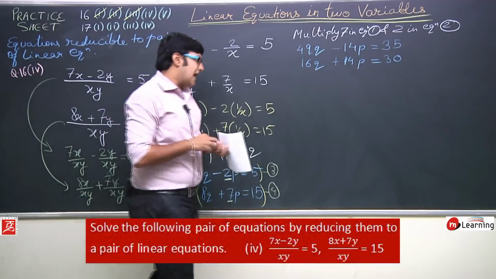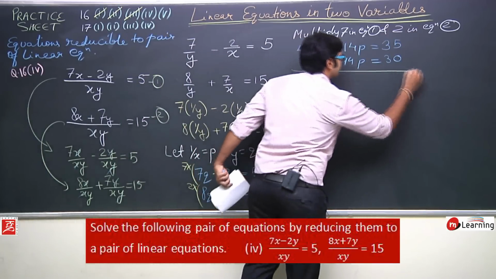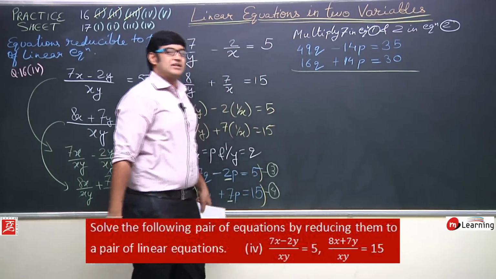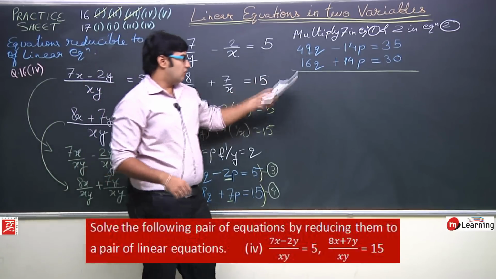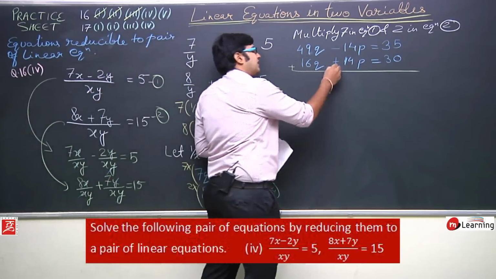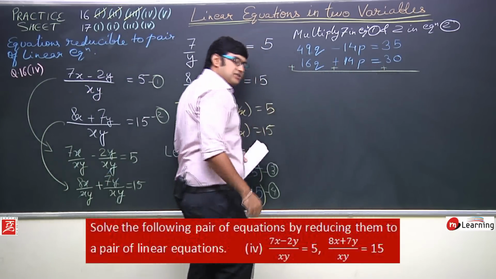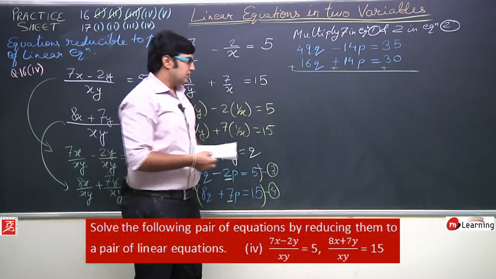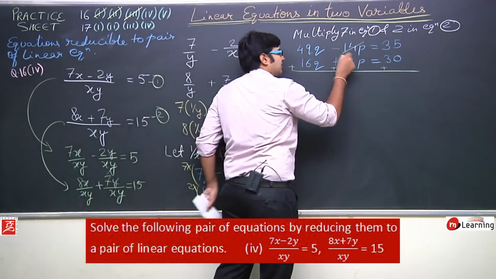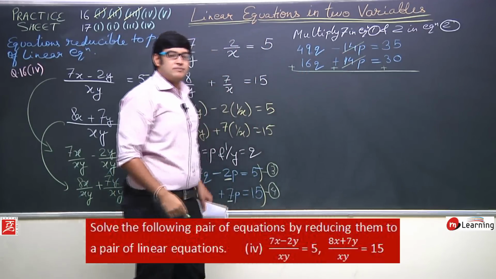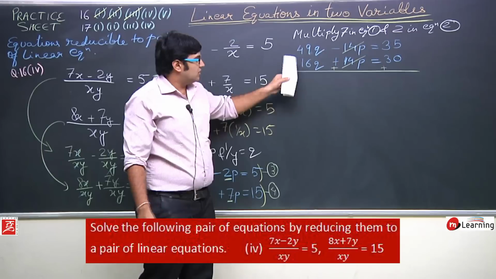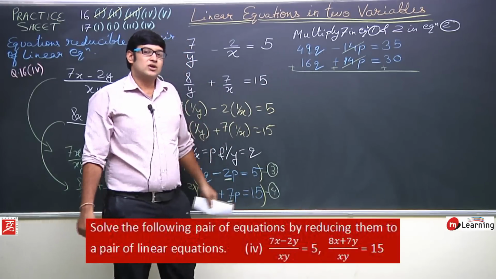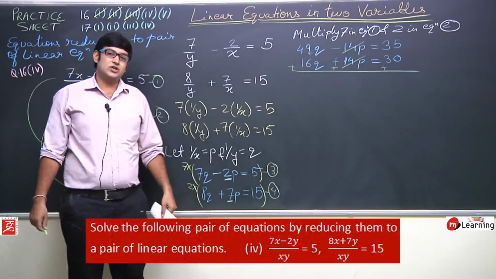Now we will simply add these two equations to eliminate the value of p. To eliminate p, for adding these two equations the sign will remain unchanged. And you can see this minus 14p and this plus 14p cancel out, get eliminated. 49q plus 16q. How much will be 49q plus 16q?